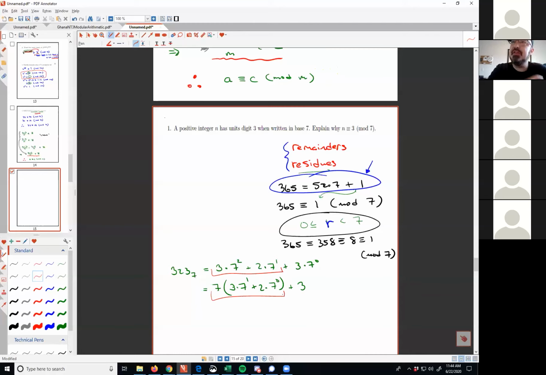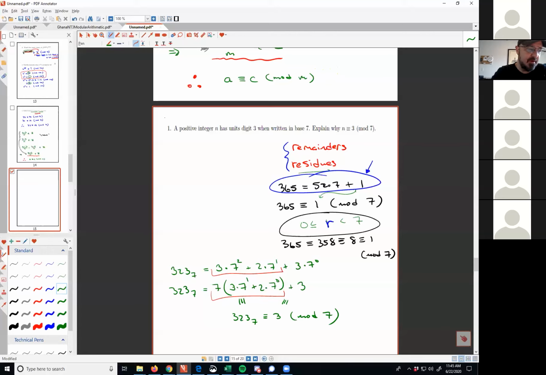So now I've written this using the division theorem. I've written it as a multiple of the divisor 7 plus the remainder 3. And that tells us that this number 323 base 7 is congruent to 3 modulo 7.